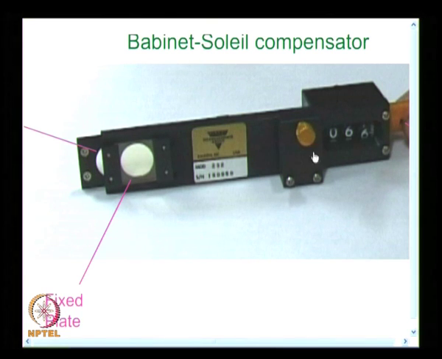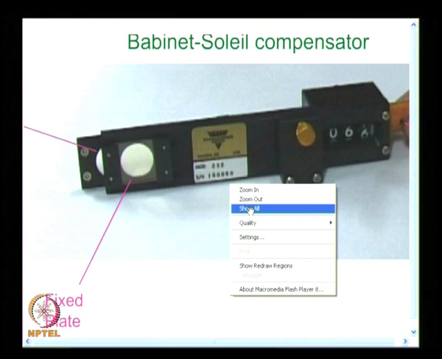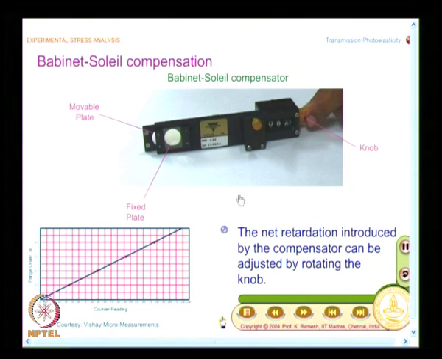This can be rotated by rotating this knob and the counter value will change. You need not sketch this, you just observe this. Later I have a simpler sketch which you can note down. And when they supply a compensator like this, they also supply a calibration graph. So, this graph goes with the compensator, and it is supplied by the manufacturer himself.